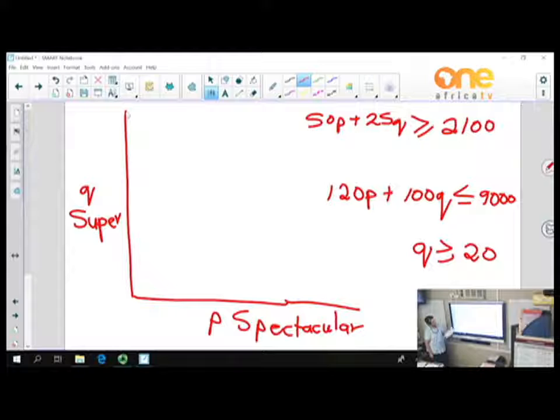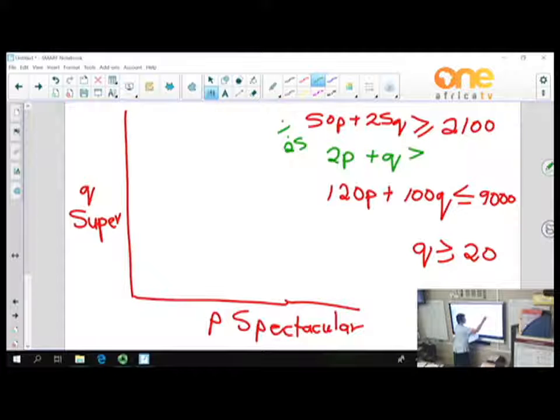People, that's so easy. You just have to simplify it. If I divide, and you have to show me that you divide by 25 here, then we get 2p plus q is more than or equal to 84. There's that one. Can you see? All that you need to do is to show me what you divide by to get that one. That's all that we want.